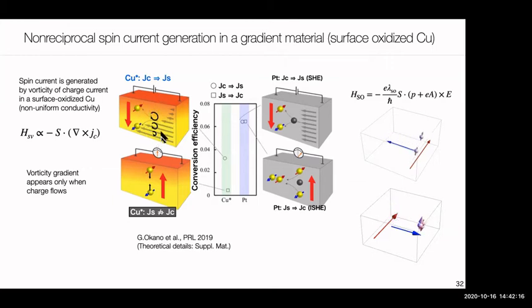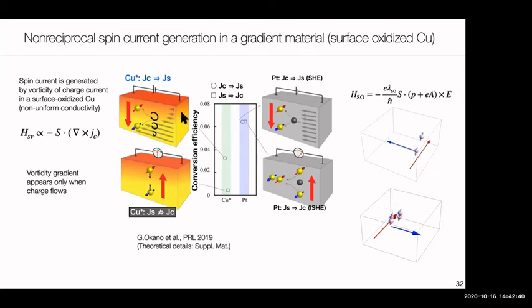Due to this non-uniformity, the spin current is generated in this direction. But very interestingly, this spin vorticity coupling appears only when you switch on the electric voltage in this direction.